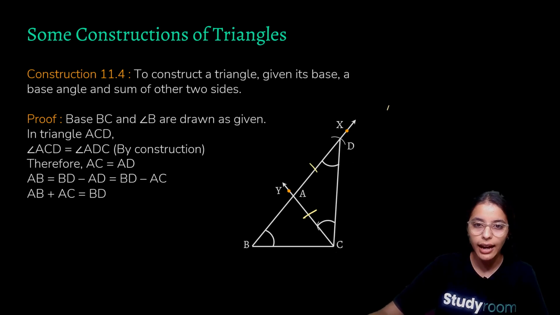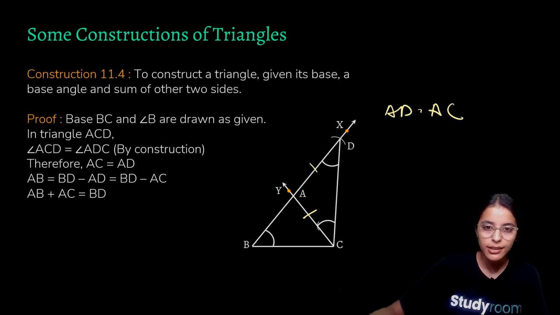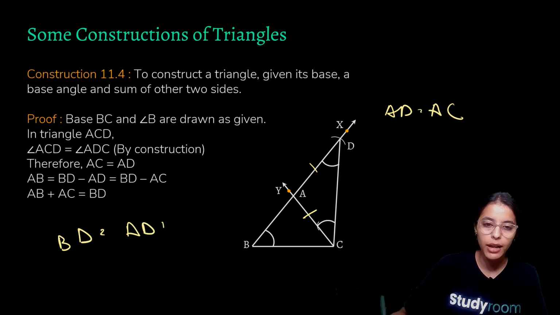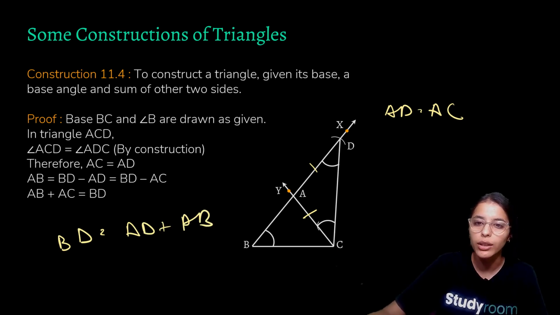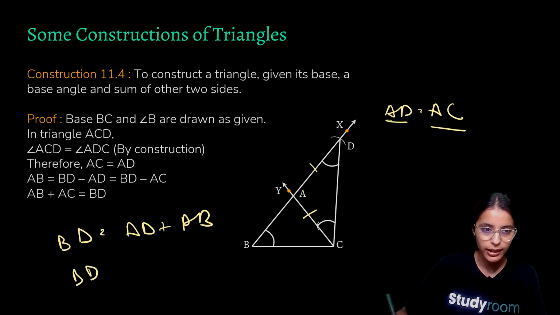So we can say that AB is equal to AC. Now, in this diagram, we know that BD is equal to BA plus AD. Now we know that our AB is equal to AC. So we can write BD is equal to AC plus AB.